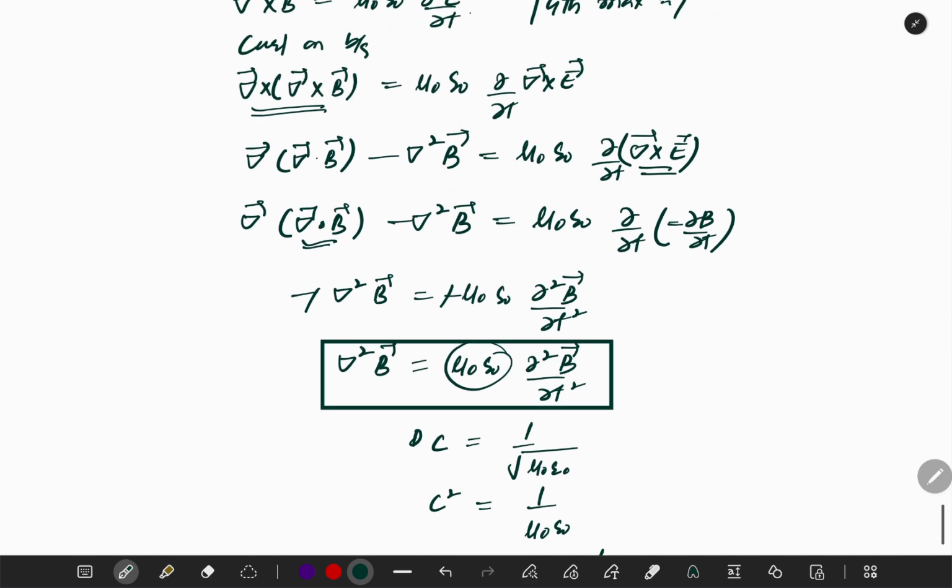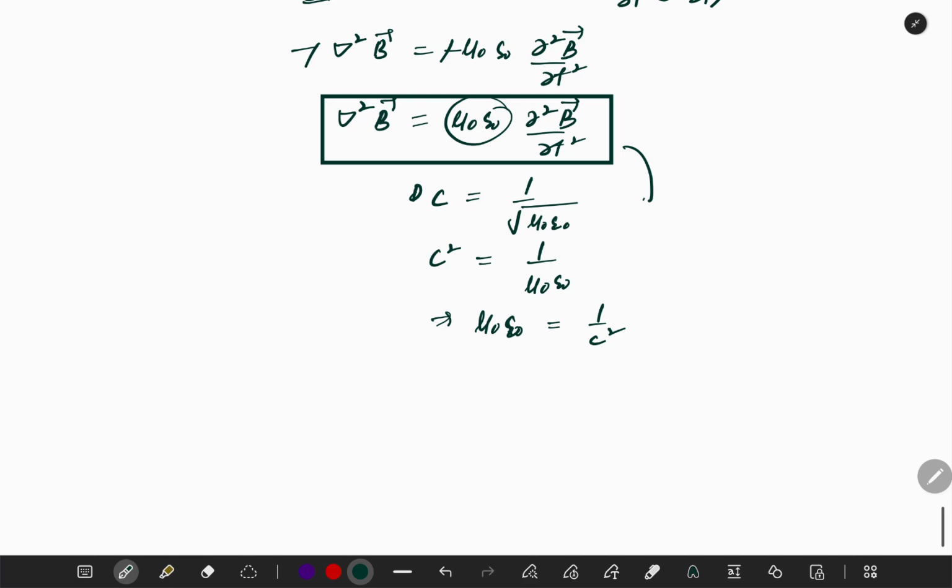So we can replace it: del square B equals 1 over c square dou square B by dou t square, and in the above equation del square E equals 1 over c square dou square E by dou t square. These are the two wave equations in terms of E and B.